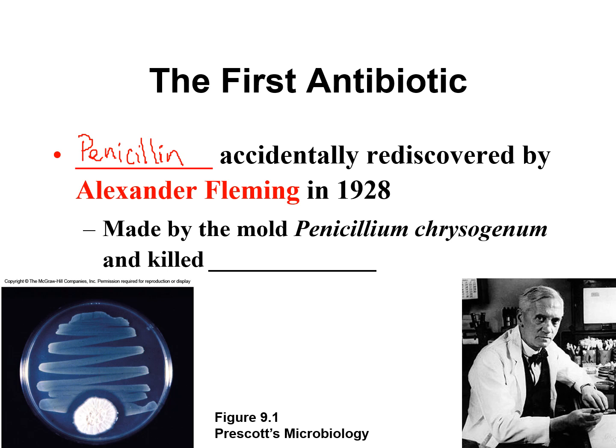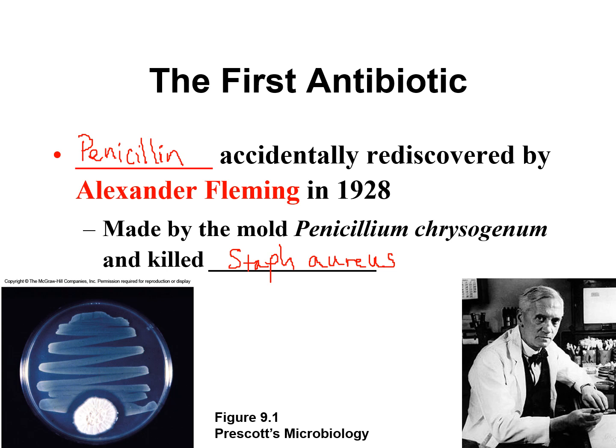And so he was able to isolate penicillin from this mold called Penicillium chrysogenum, but he wasn't a chemist, and so he wasn't able to isolate enough of the penicillin to actually test it on mice or anything to see if it actually would cure a bacterial infection. So to fill in our blank here, we'll put in that the penicillin killed Staph aureus.